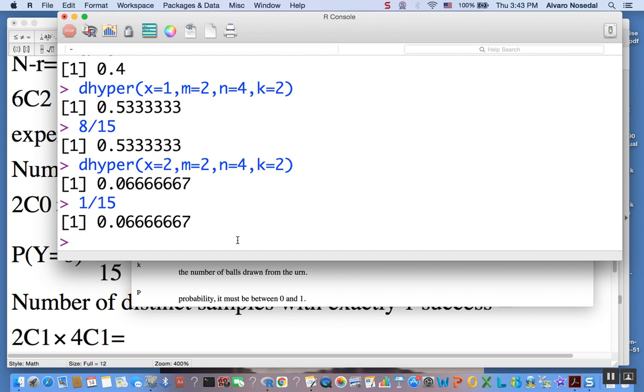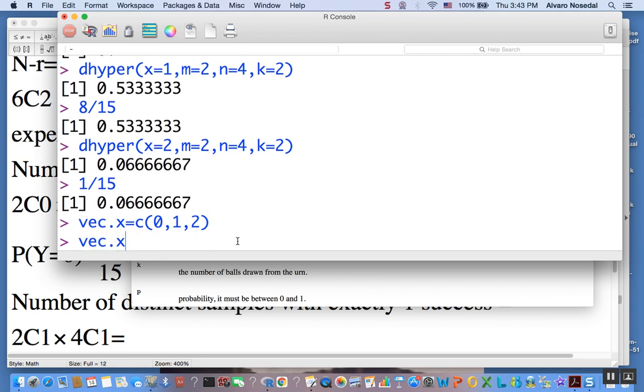Okay, finally, let's try and find the expected value using R. So let me create an object, a vector that contains all the possible values for our random variable, in this case 0, 1, and 2.